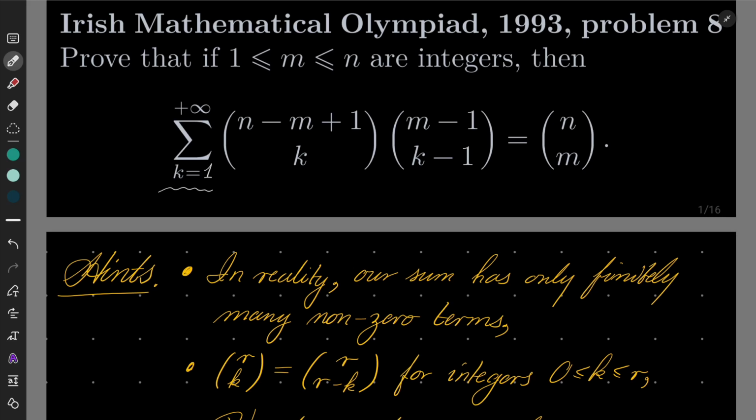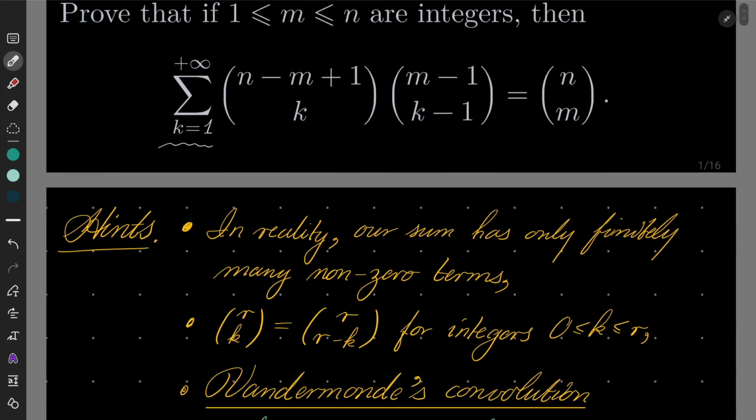My hints for this problem. First of all, although our sum goes to infinity, only finitely many terms are non-zero. Think about the basic property of binomial coefficients: it says in how many ways we can choose k things from a collection of n minus m plus 1 things.